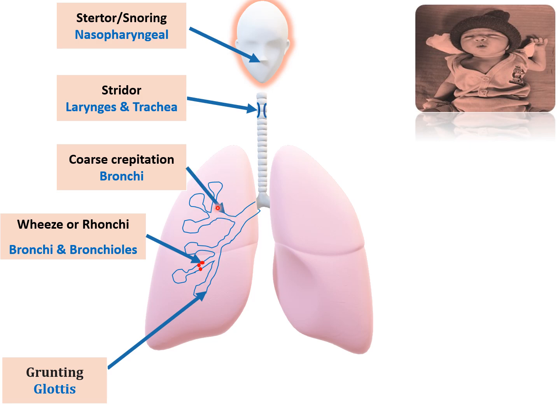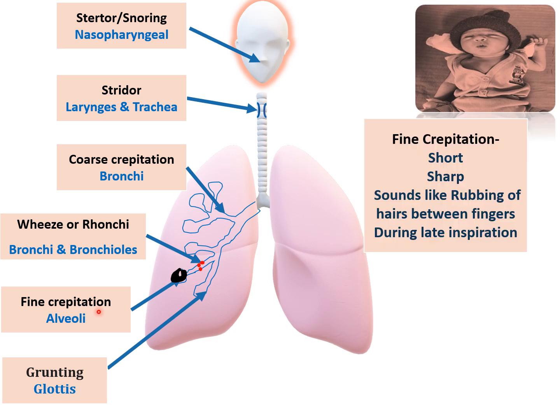This sound is produced because air passes through the secretion in the bronchi, and also because of the sudden opening of stiff alveoli or fluid-collected alveoli, while fine crepitations are produced because of fluid collected in the alveoli. Both coarse and fine crepitations are seen in consolidation, coarse crepitations in the late stage of consolidation, while fine crepitations in the early stage of consolidation.